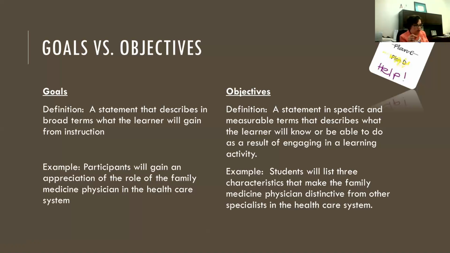And then the criteria for an acceptable performance. Frequently, you're not going to necessarily see the criteria or the condition specified if they're obvious. Sometimes adding the condition or criteria can add clarity.